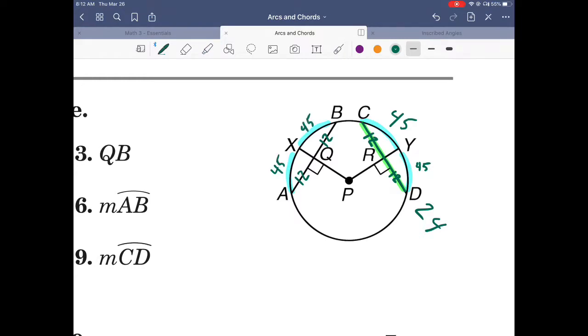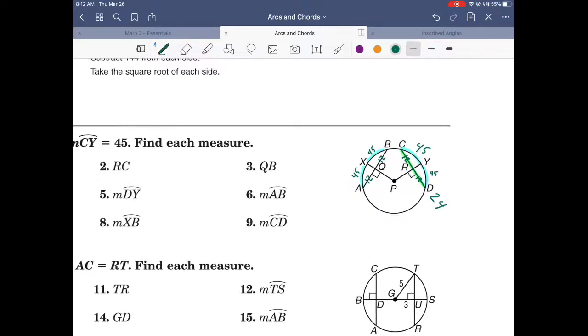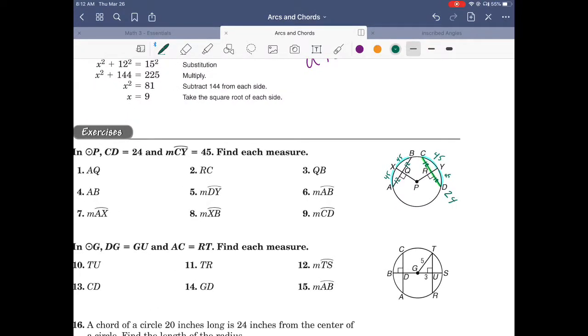So I went through and found all my information before I even tried to answer any question. Then I just had to look back at my picture and find my information. So AQ, if I look at my picture, we said was 12. RC, again, we said was 12. QB, 12.